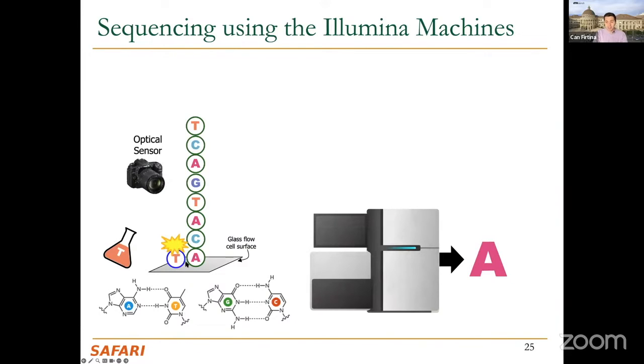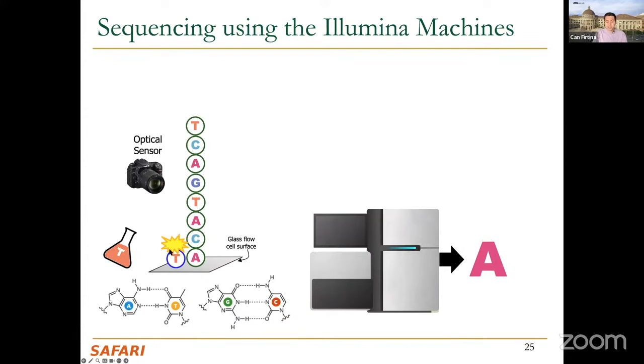Since T binds to A, as soon as it binds, there is some chemical reaction, some clever design behind this process. As soon as this T binds to A, a light is emitted at a certain frequency. This frequency is very important, because as soon as the fluorescent light is released at a certain frequency, we take a picture of that emission.